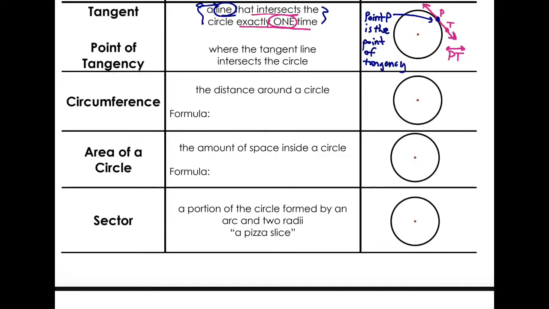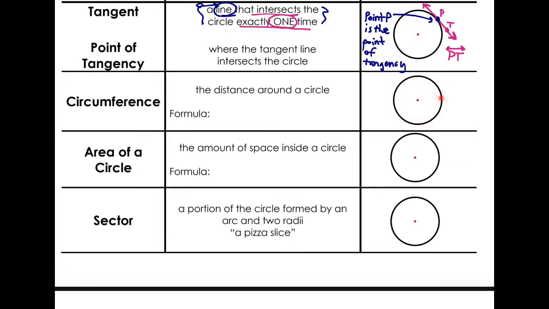The next word you probably heard before, hopefully, because in middle school you most likely used the formula to calculate the circumference. The circumference is simply the distance around the circle. If you think of a circular skating rink, if you skated the distance around the edge of the skating rink, you would be traveling in some linear measurement like feet or meters.